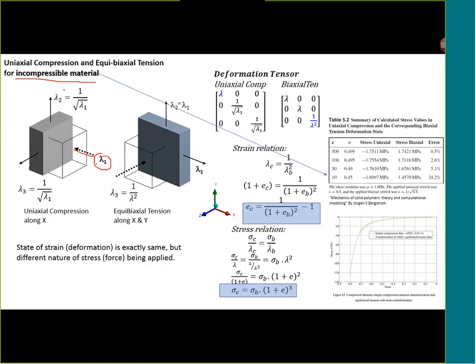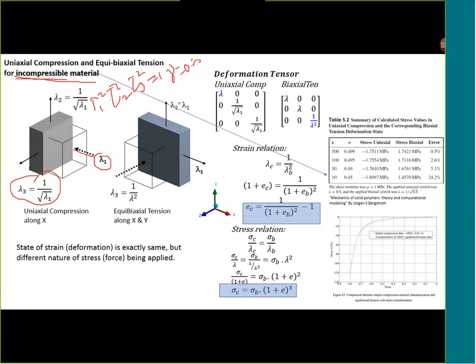We know that lambda 1 squared, lambda 2 squared, lambda 3 squared equals 1. This is the third invariant, when the Poisson ratio is 0.5, which is nothing but purely incompressible material. So when this is lambda 1, we can calculate the lateral stretch, which is going to be the square root of lambda 1.